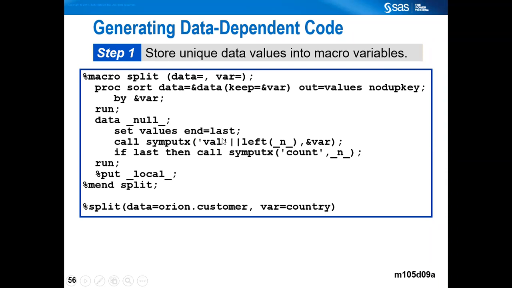With call input text, you are creating a macro variable val, which will be a series of macro variables, one on every row of the variable on which you are sorting your data.